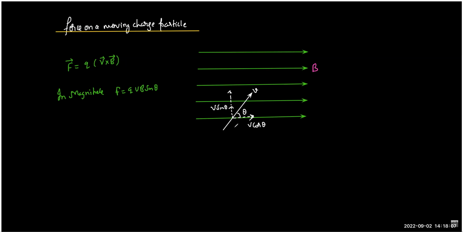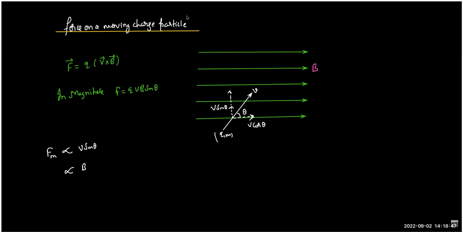So V cos theta and V sin theta are the two components, and V cos theta is not responsible for the force that the charge will experience. It is V sin theta that lets you experience the force. What really matters is the rate at which you cut the field lines, so the force is proportional to V sin theta. It is also proportional to the density of field lines.